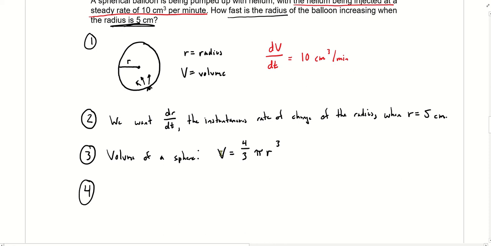When I differentiate volume, when I differentiate the radius, I remember that these are both functions of time, just like y was a function of x when we were doing this with implicit differentiation, which means every time I take the derivative of v or the derivative of something involving r, I need to multiply it by the derivative with respect to time. I need to do that sort of hidden chain rule that we saw with implicit differentiation.